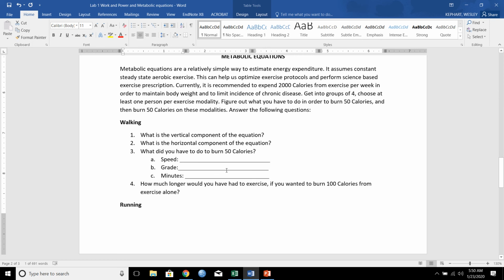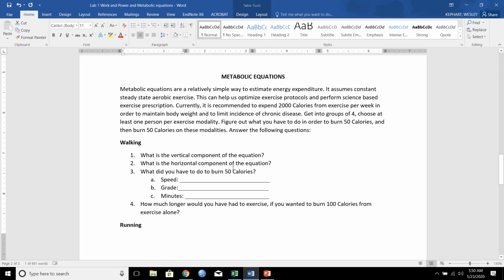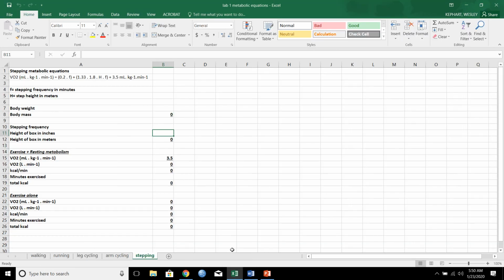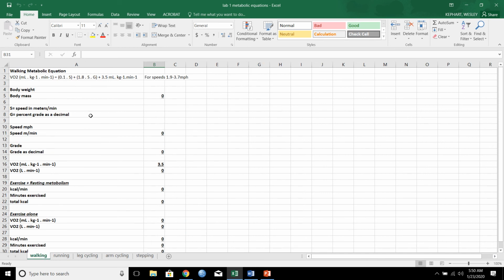Next, for the metabolic equations, there's a couple of things that I want you to answer about these. So what is the vertical component of the equations? Go ahead and watch those Excel videos, but overall, this is really what I want you to understand. So 0.1 S, speed. 1.8 SG, speed grade.